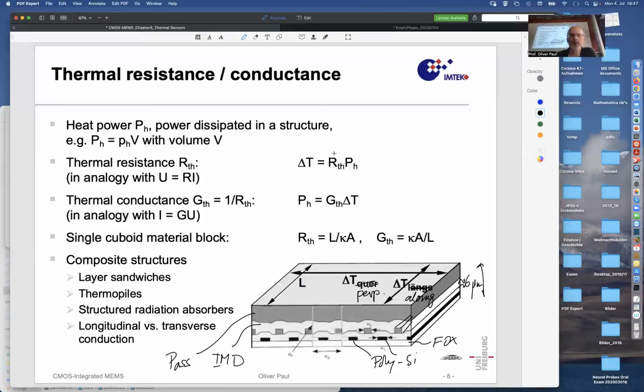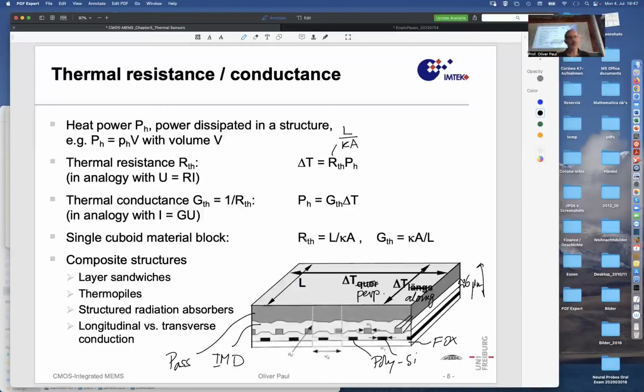If this R_th is replaced by L over kappa A, refer to 3 or so slides earlier. That's what we obtained.